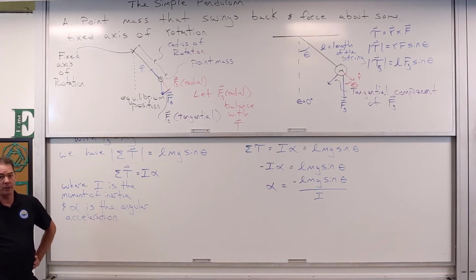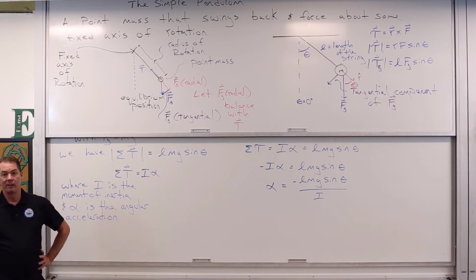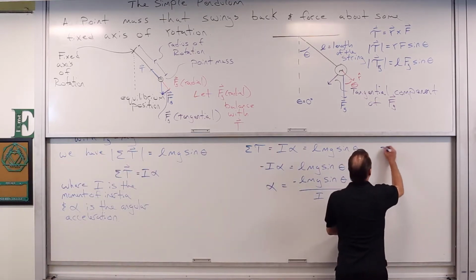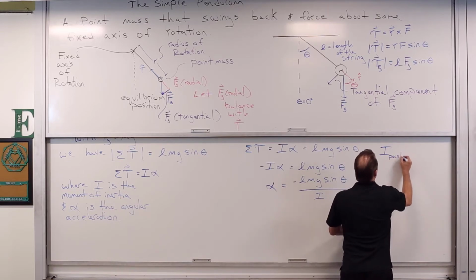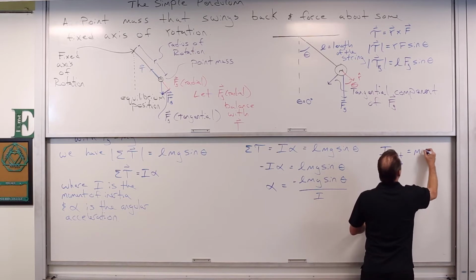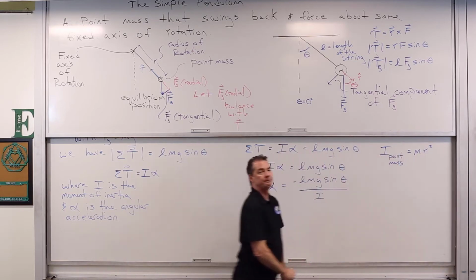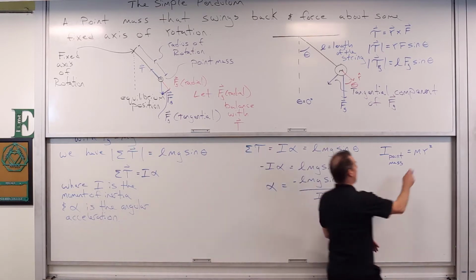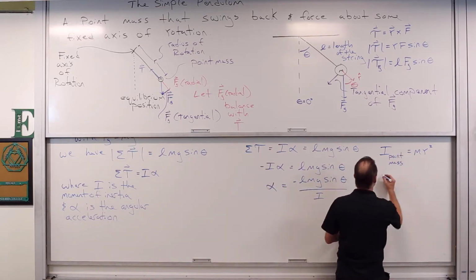It depends on the mass, and it depends on its radial distance away from the axis of rotation. This is just one point mass, so if you recall, I for a point mass is equal to m r squared. In our particular case, r is equivalent to the length of the string.